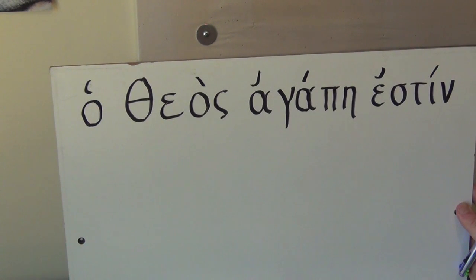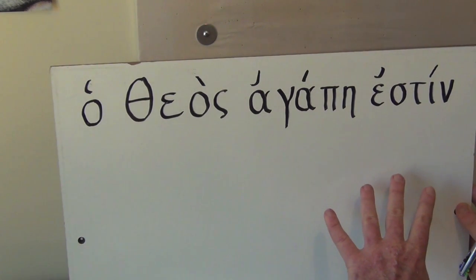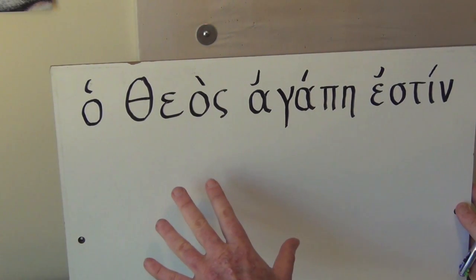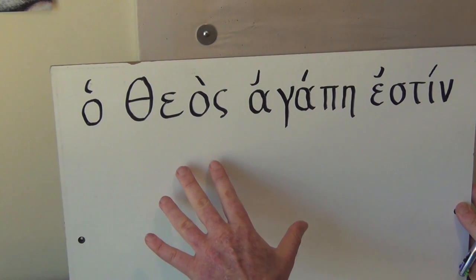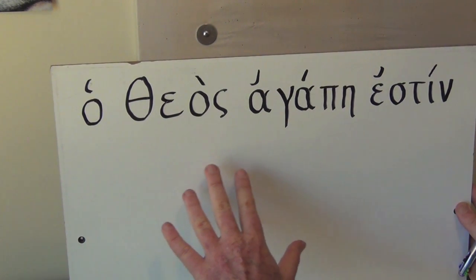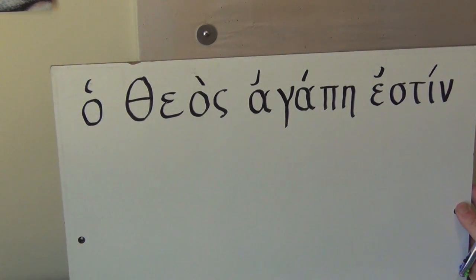So that actually gives us a bit more insight into our lesson 1 phrase. It said, ho theos agape estin, and it's talking about the quality, God's quality. It's not so much identifying God as love, equals love, but it's talking about a quality that God has. So I might say, for example, my car is top, meaning it's very best quality.